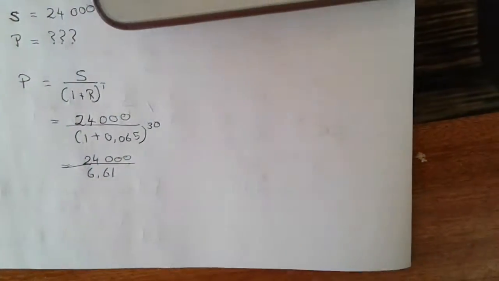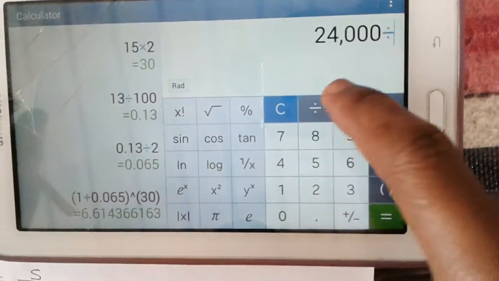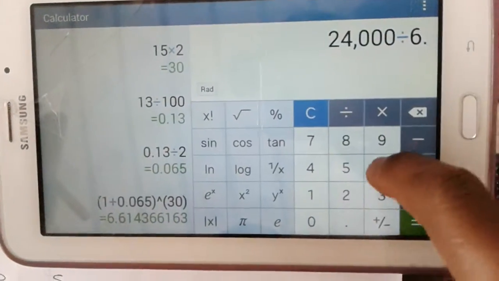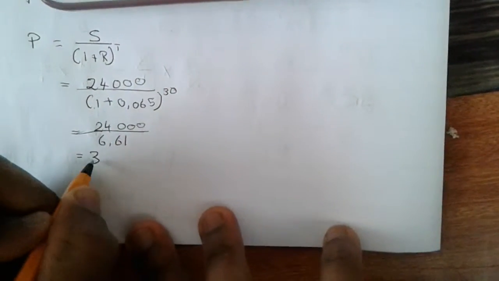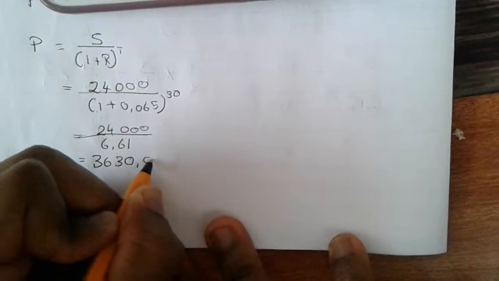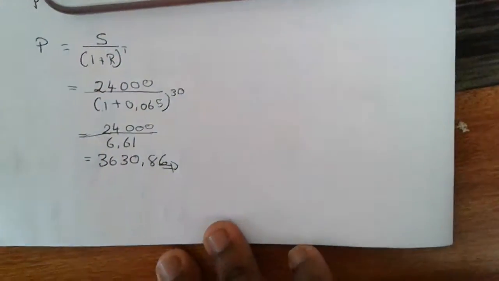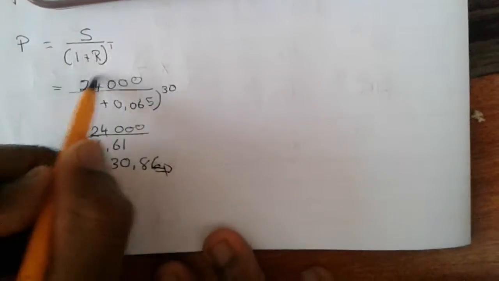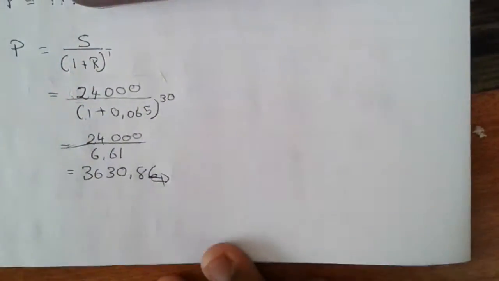Then 24,000 divided by 6.61 is going to give us 30.86. Now this is the amount that the person should initially pay in order to get to 24,000 at the end of 15 years.